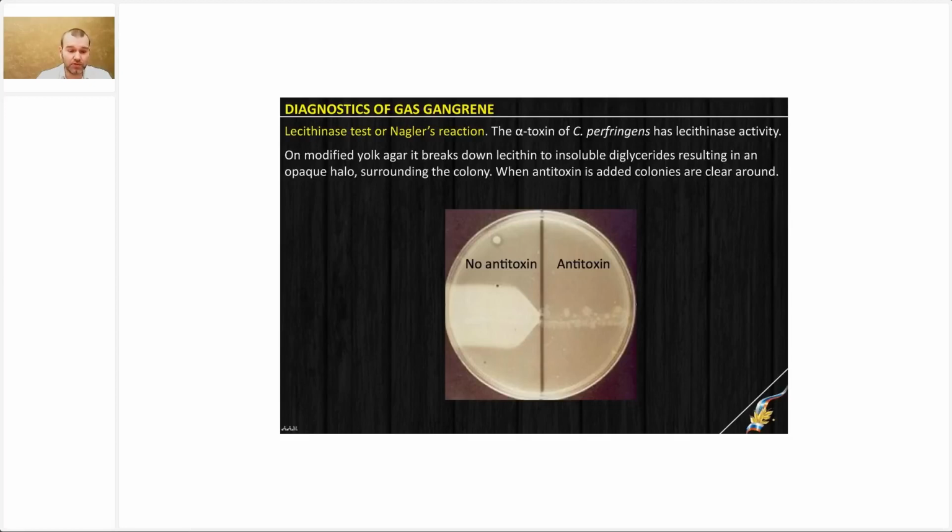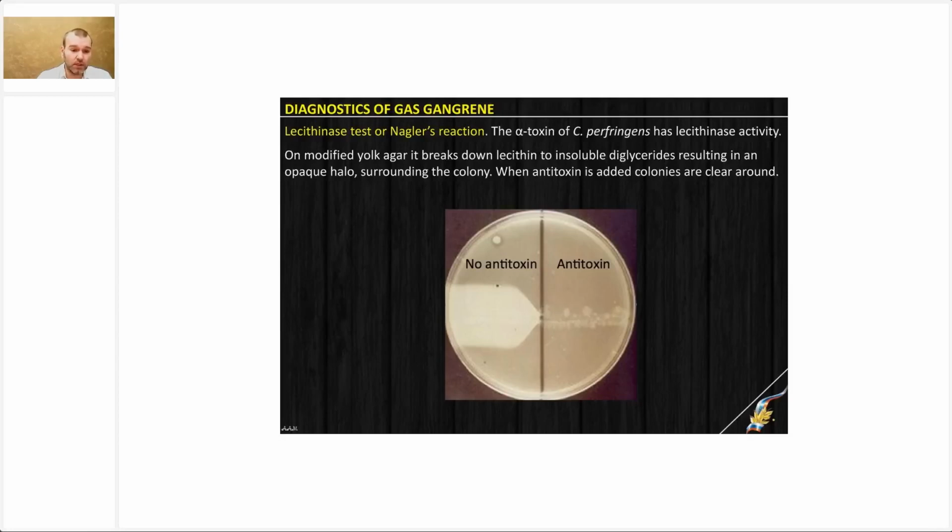Inoculation should be done as a strip along the center of the agar, and after incubation, if it is Clostridium perfringens, it will release alpha toxin. Any type of Clostridium perfringens will release it, and naturally that toxin will cause deformation of the lecithin structure, and an opaque translucent zone will appear.